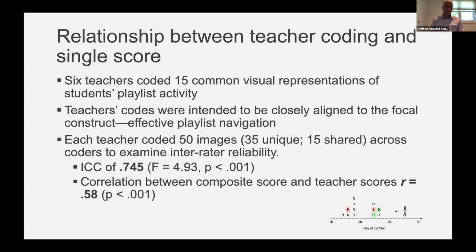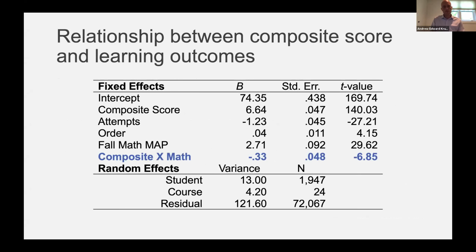And then we were able to correlate the teacher score with our composite score to a degree of 0.58. So we had decent evidence that we were on the right track with this quantification of effective playlist navigation compared with teachers' scoring of effective playlist navigation. So that was some decent convergent validity.